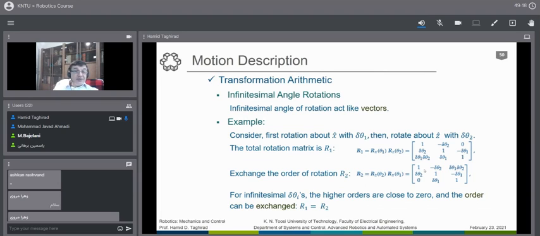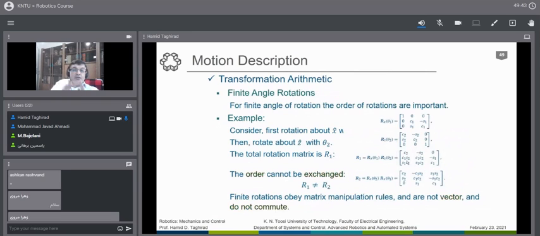It means that the rotation matrix, in terms of the derivatives, when we are talking about infinitesimal rotation, in terms of virtual work, we will talk about it later, or in terms of the derivative of rotation matrix, we solve the problem. But in terms of angle, the finite angle, we should take care of the order of rotation in here.